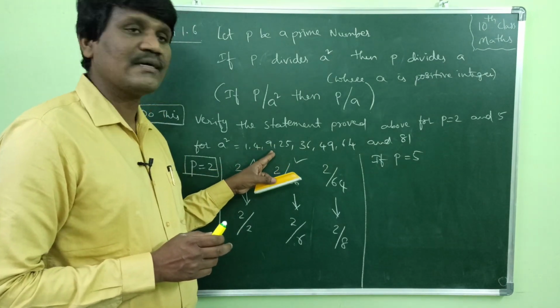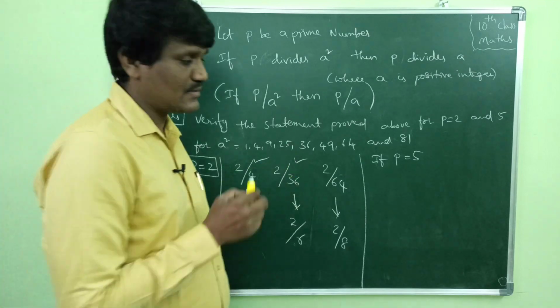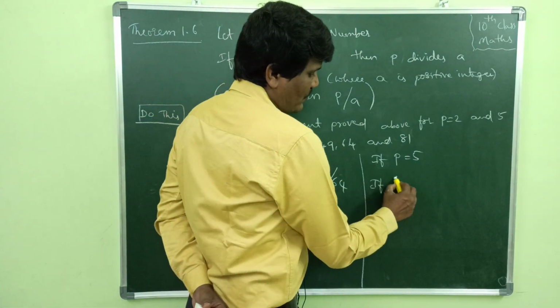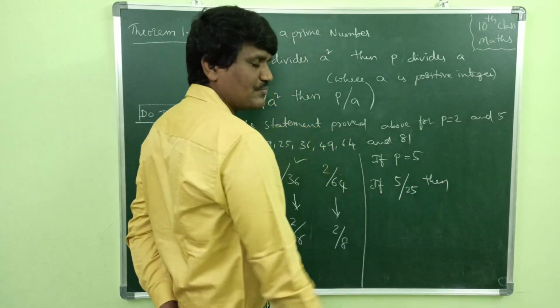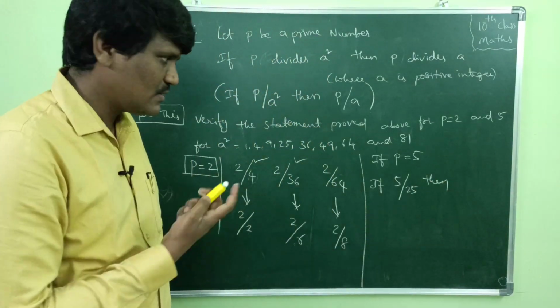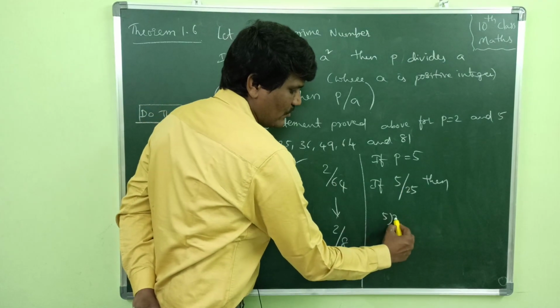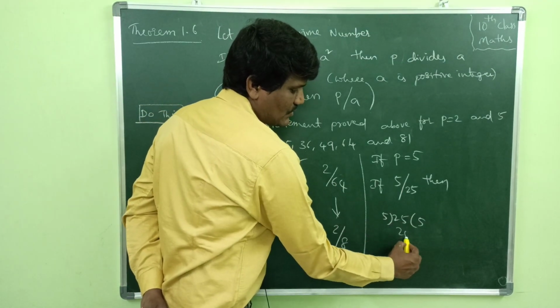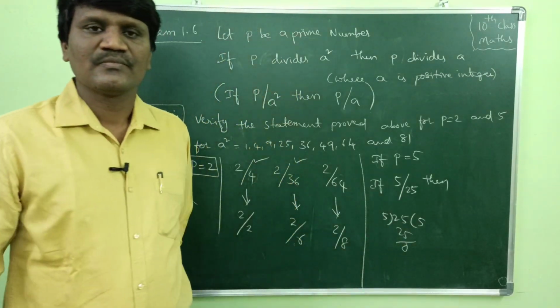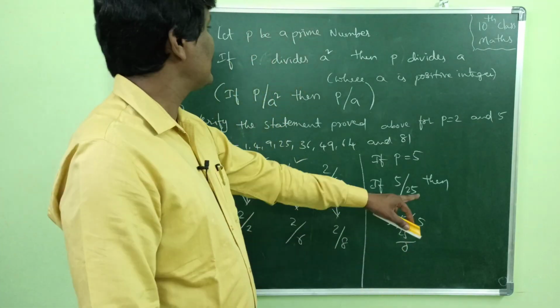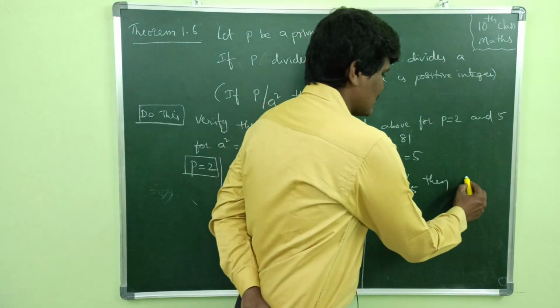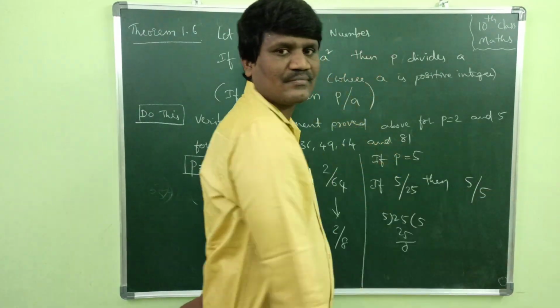5, 9, no. 5, 25? Yes. So 5 divides 25, because 5 fives are 25, remainder 0. So here I can write 5 divides 25. Then by the theorem, 5 also divides 5.